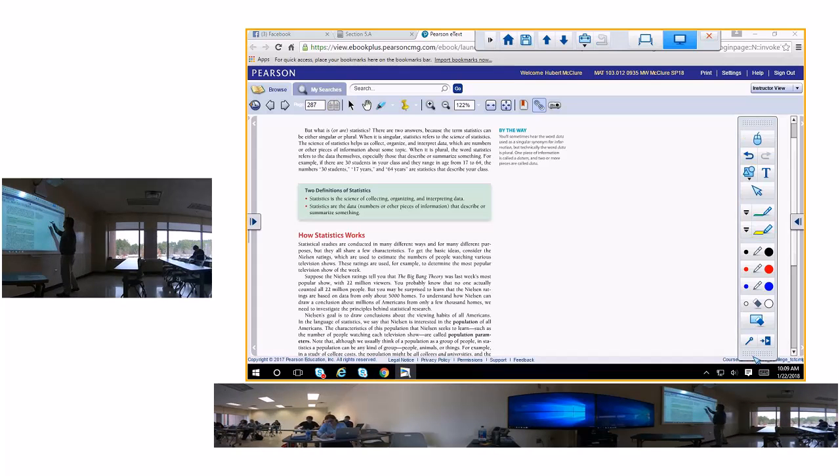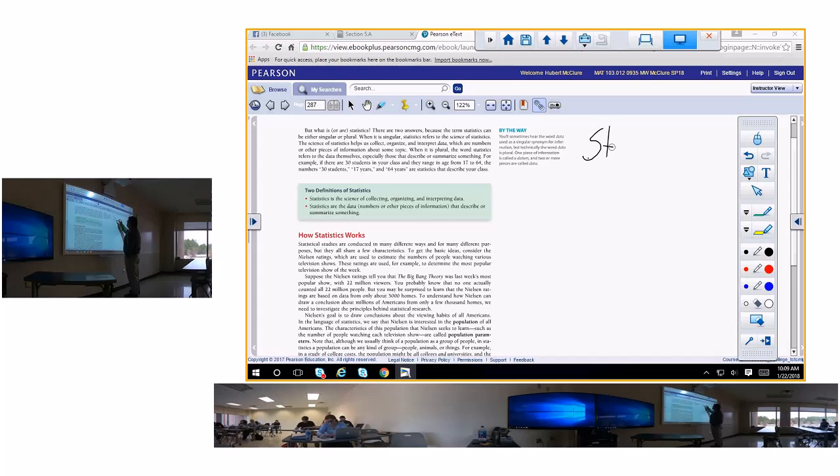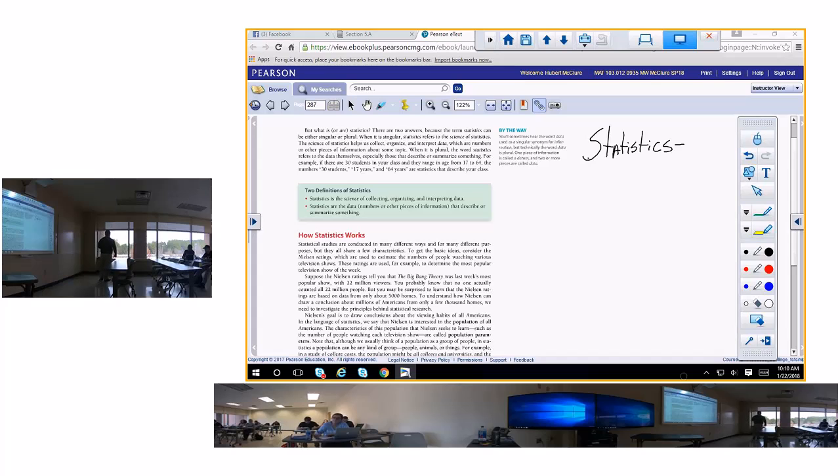When you're talking about a capital S, you're talking about the obtaining, organization, calculation, and interpretation of data. That's it. Okay? Collecting, organizing, calculating, interpreting.